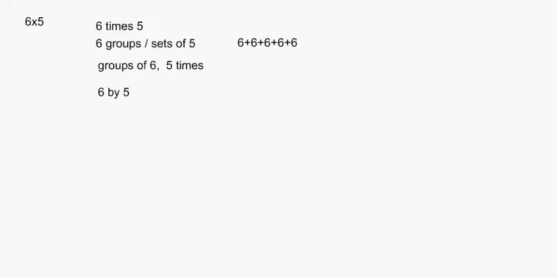So they're saying 6 groups of 5, but they wrote down 5 groups of 6. So even when they say one thing, what they're really meaning might be something else. So it's important for us to take the time to look at these models, either in a concrete way or in a virtual manipulative way, just so that we can make sure what they're saying and what they mean are in alignment with one another.